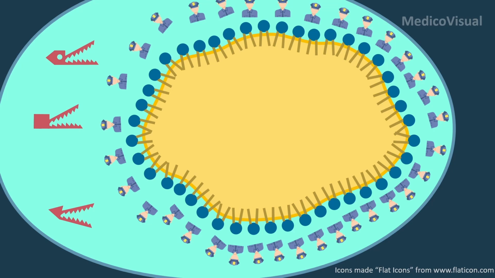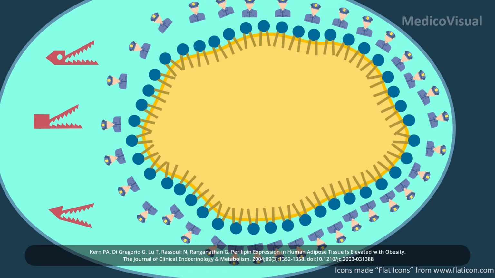The answer is no. To compensate, the body will synthesize more perilipin, but when the lipid droplet is very large and its surface area is very large, even the increased synthesis of perilipin will not be enough to guard it adequately, because the synthesis can occur only up to a certain limit.